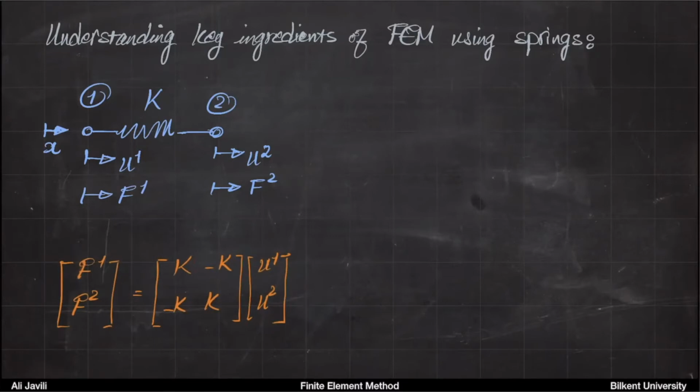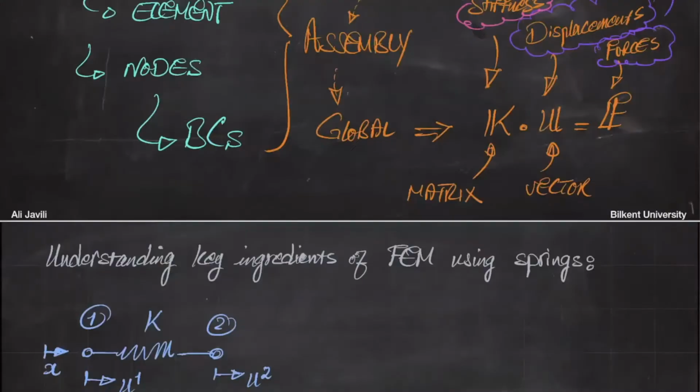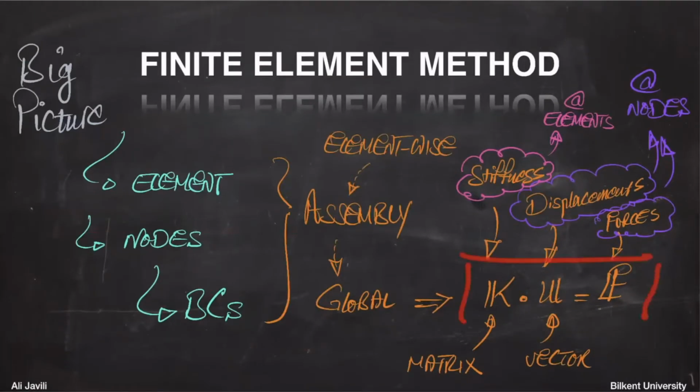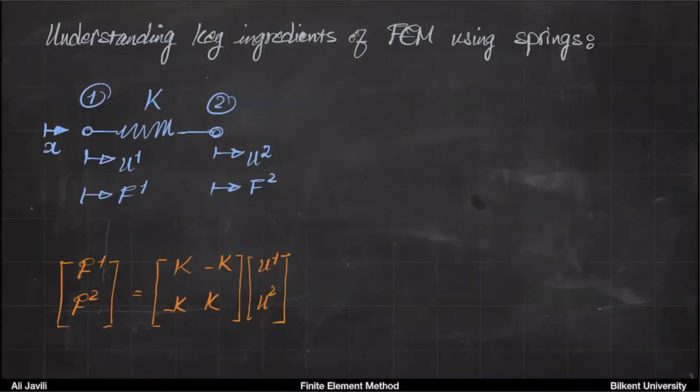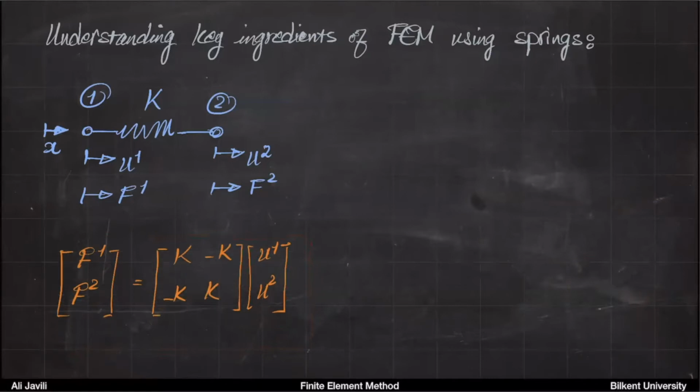Now, if you compare this equation with what we just had in the previous slide, it's basically the same thing. But here I have the force vector on the right-hand side, and I have this one on the left-hand side. Throughout the lecture, I usually write it in the opposite direction. So I put F on the left and then KU on the right. But it's exactly the same story.